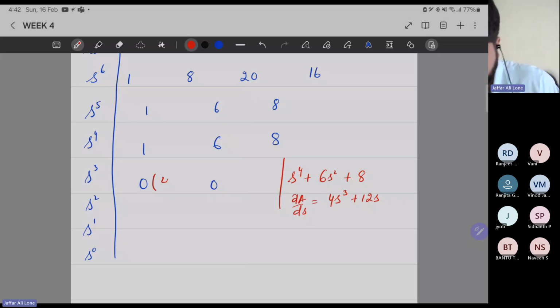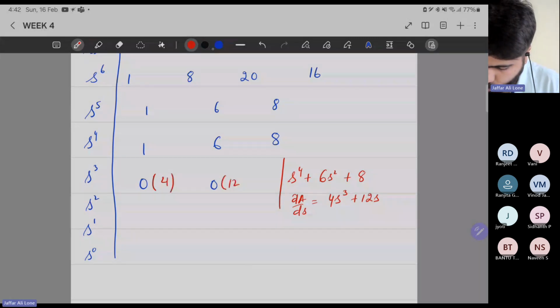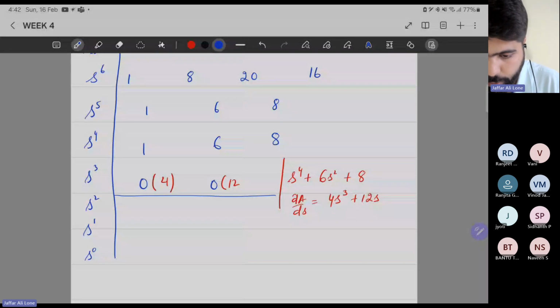My 4 and 12, then as I move forwards, my s square will be, or if I take 4 common from this, what will I get?